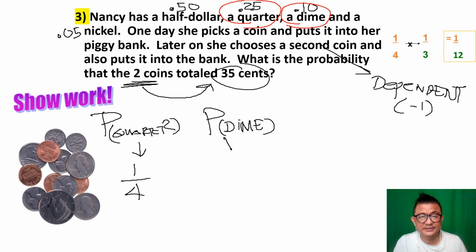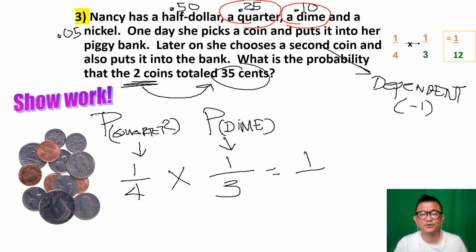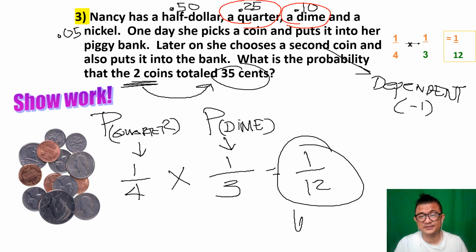There's only one dime out of how many total now? Do we still have 4 coins? No, we assume that the quarter was taken away, so there's only 3 left. Okay, so I multiply the two: 1 times 1 is 1, 4 times 3 is 12. The probability is 1/12. Again, it is very less likely. Got it?